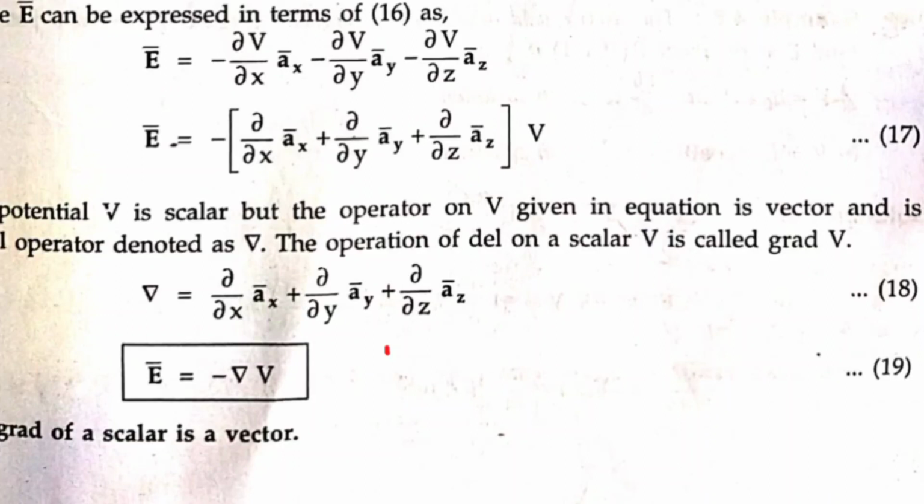What is del operation? Del is nothing but partial differentiation only: dou by dou x ax plus dou by dou y ay plus dou by dou z az. If you substitute V here, E bar equal to minus del V. E bar is minus del V. It is the potential gradient.